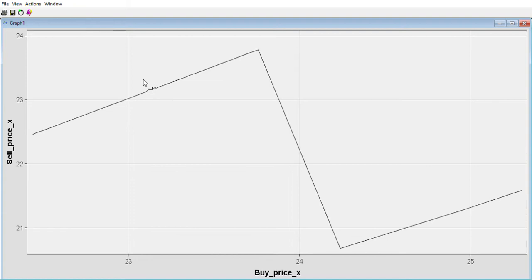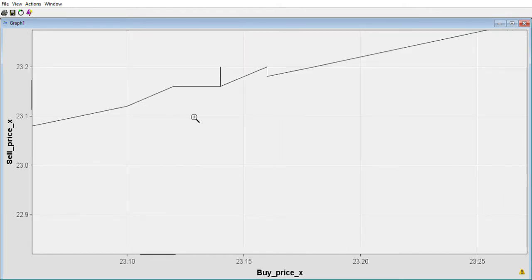Sorry. So we just try to do action mode, viewport, and then in the viewport we try to enlarge this. And what we see is that suddenly there is a discontinuity in the trend at this point, where it changes its slope upwards, then it becomes flat, and then there is a spike over here which tells us that at the same buy price there has been a series of different selling prices.